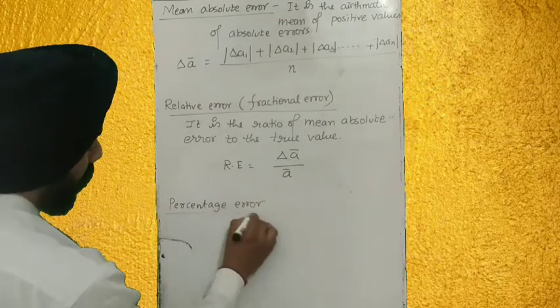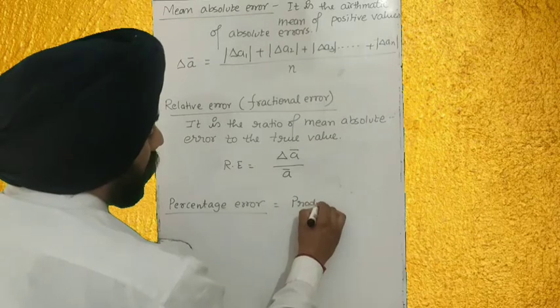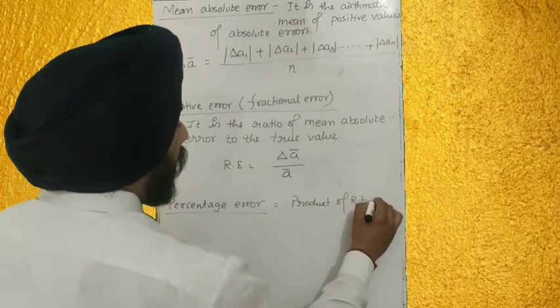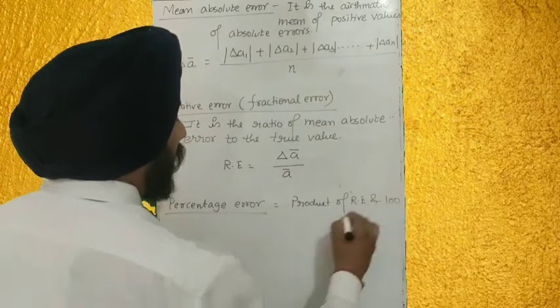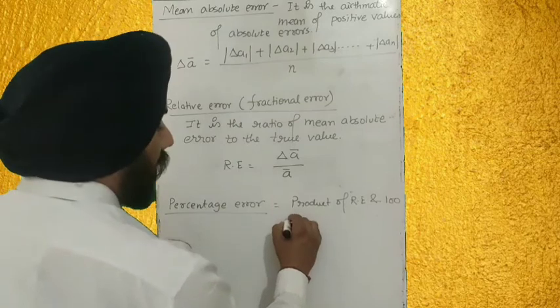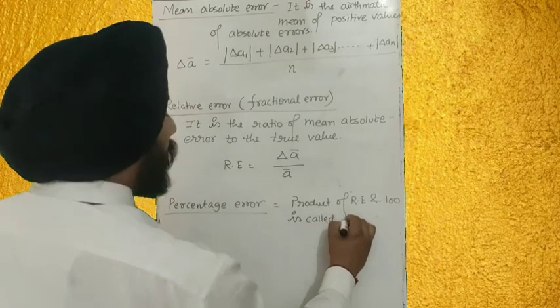Afterward comes percentage error. So what is percentage error? It is the product of relative error and 100. The product of relative error and 100 is called percentage error.